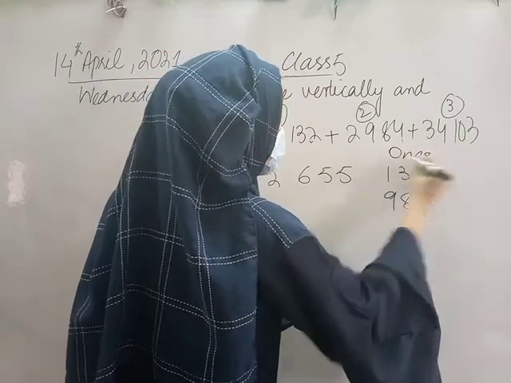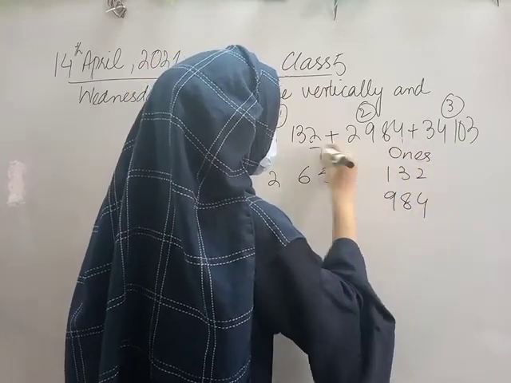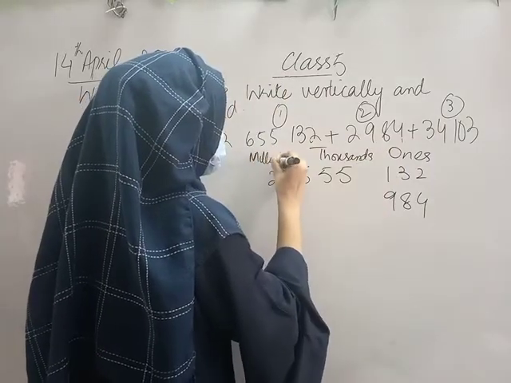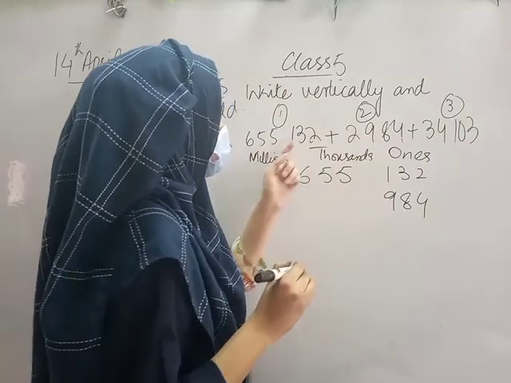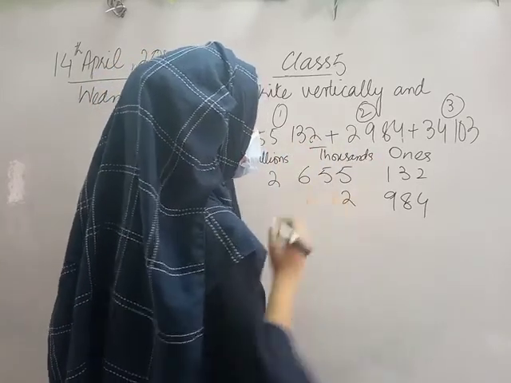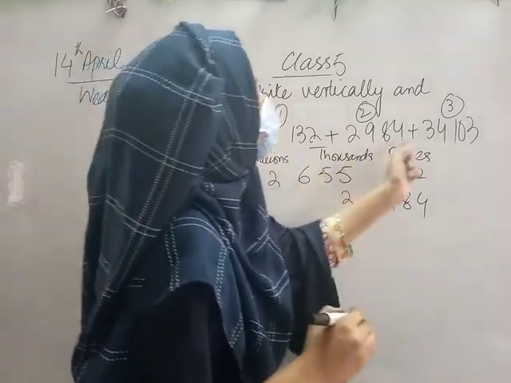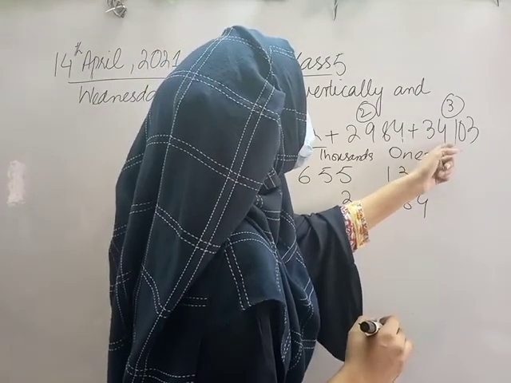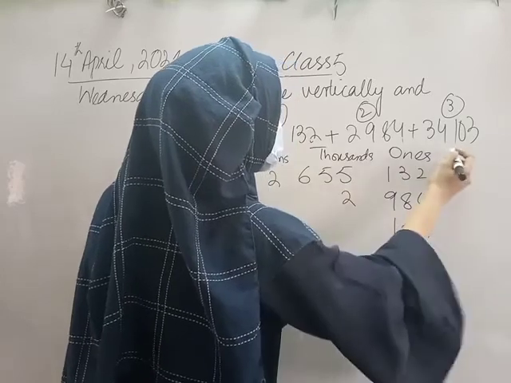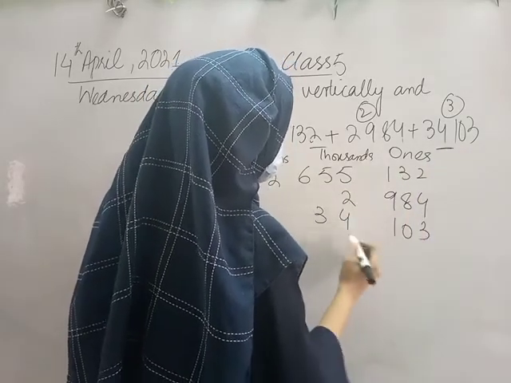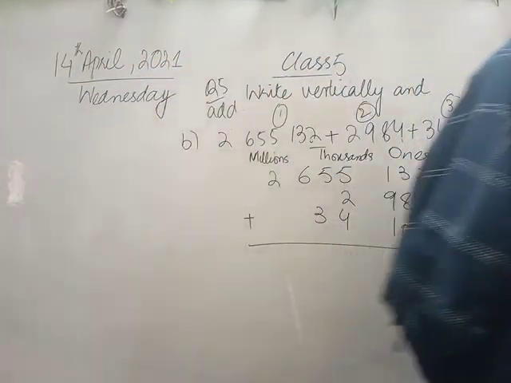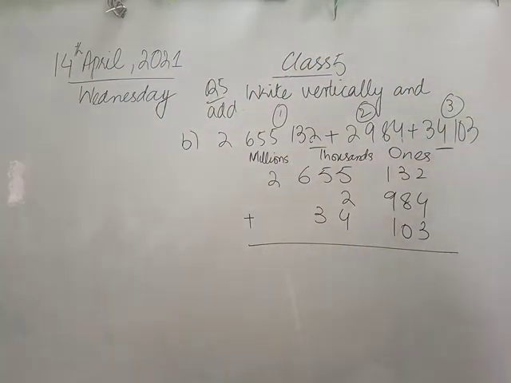This belongs to ones, thousands and millions. 984 is done. Now the next number, which is 34,103. So 103 is at ones place and 34 is at thousands place. Fine.